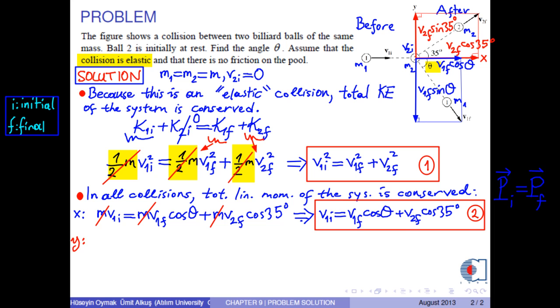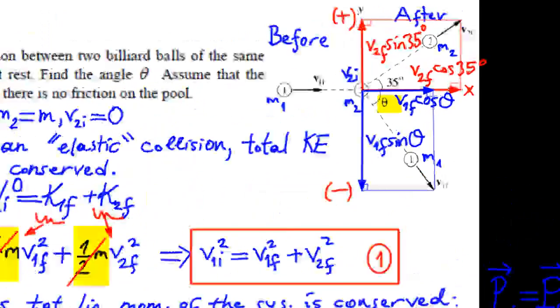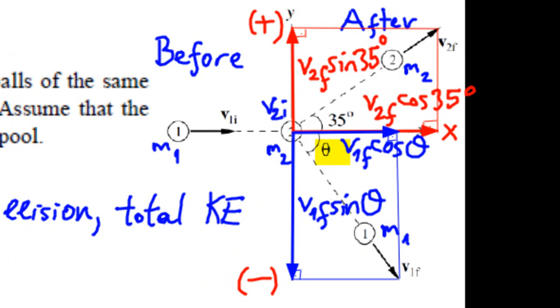The y component of the initial total momentum is 0 because there is no motion along the y-axis before the collision. The y component of the final momentum of ball 1 is negative m times v1F times sine theta, if we take the negative y direction as negative and the positive y direction as positive.